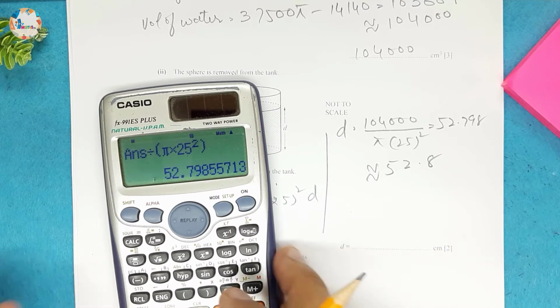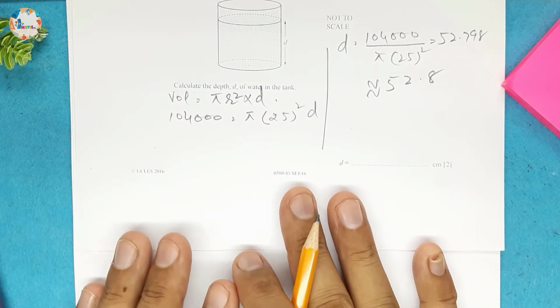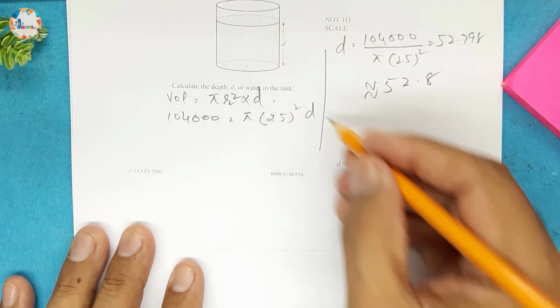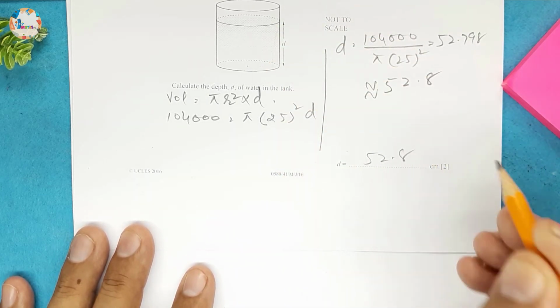So this will be the height D, not diameter. This one will be 52.8 centimeters.